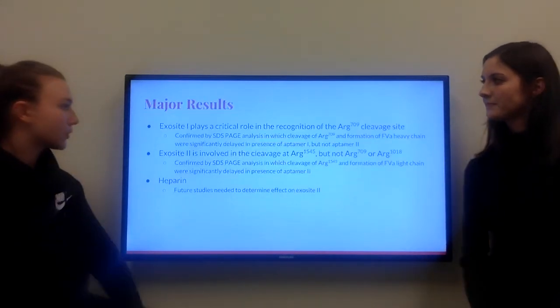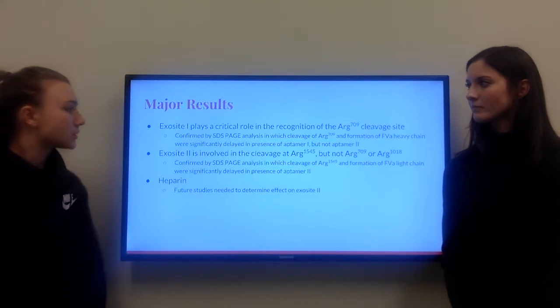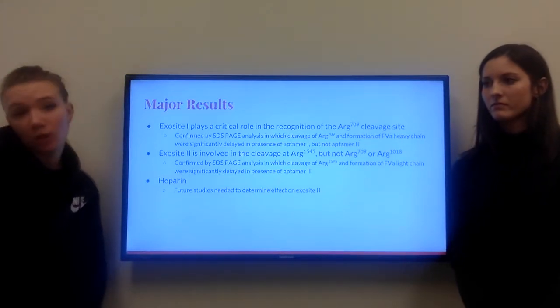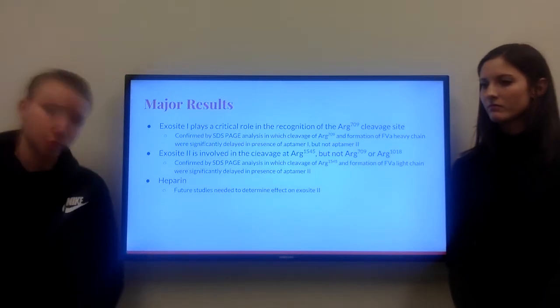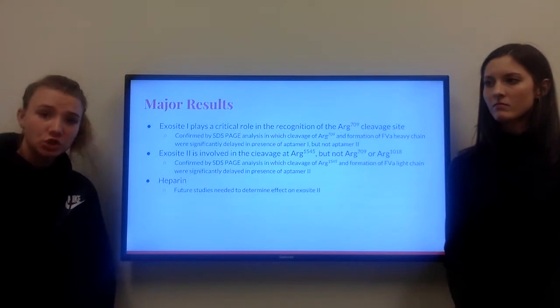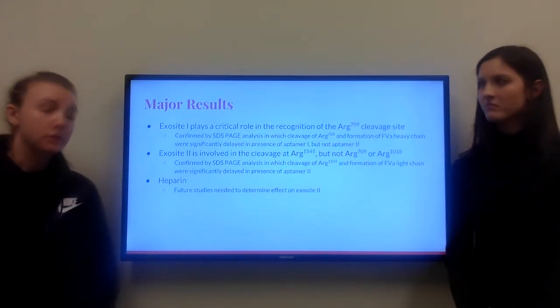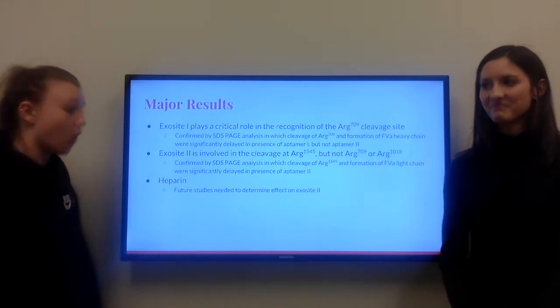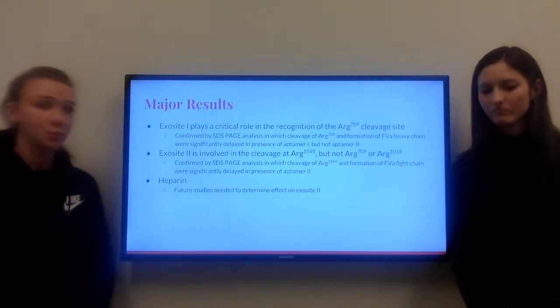So for the major results, they basically found two solid pieces of information. They said that exosite 1 plays a critical role in the cleavage of arginine 709, backed up by SDS Page, and exosite 2 is involved in the cleavage of arginine 1545, but not 709 or 1018, also backed up by SDS Page.